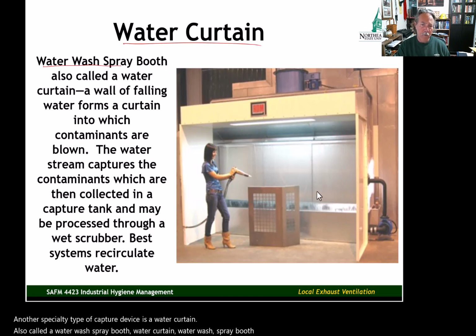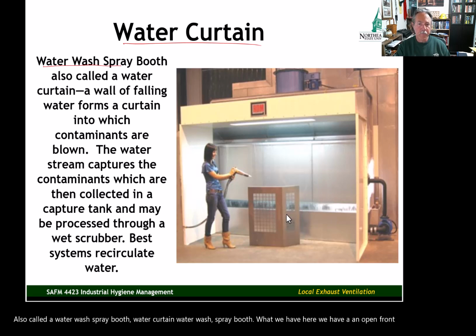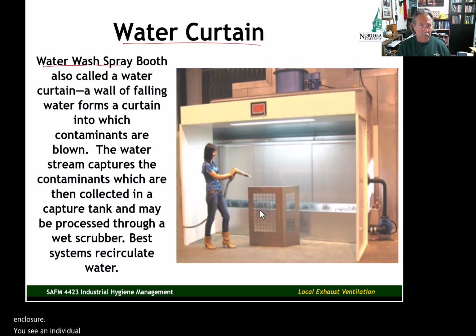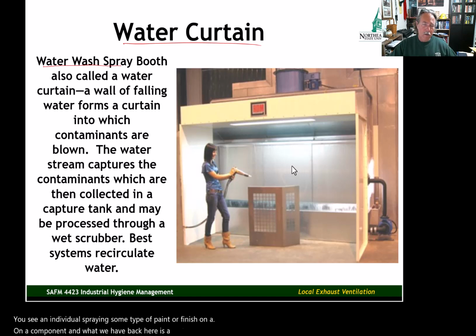What we have here is an open front enclosure. You see an individual spraying some type of paint or finish on a component, and what we have back here is a curtain of water that's capturing the overspray, capturing the contaminants.